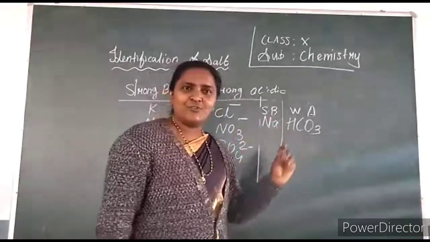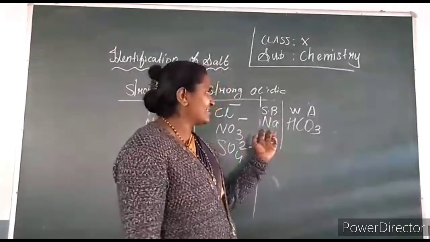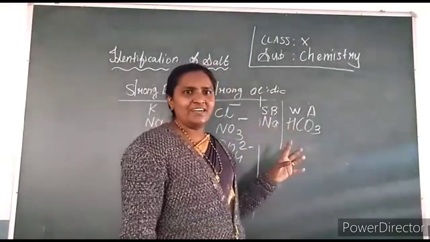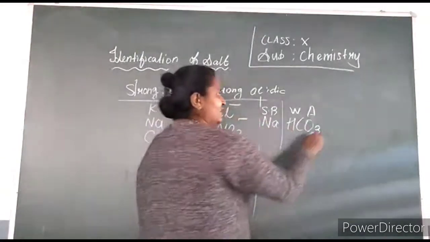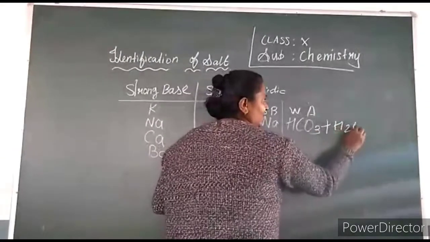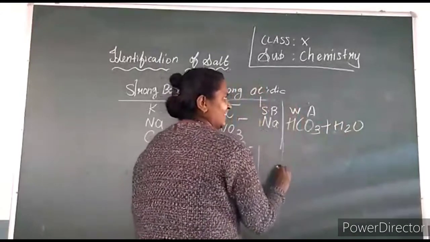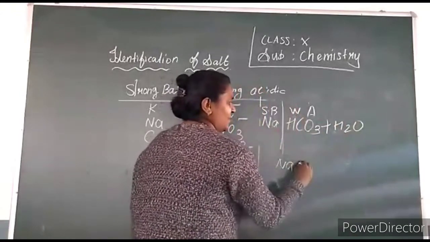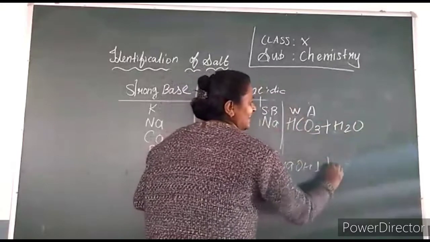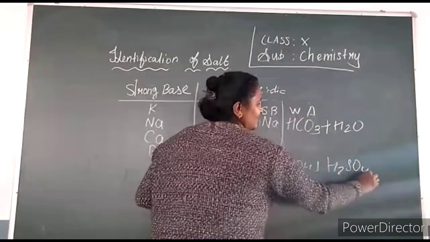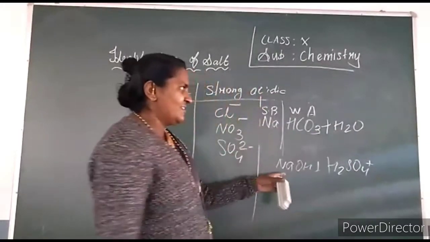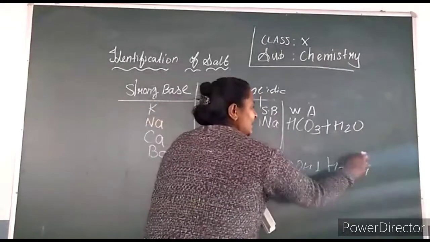Why is the salt a basic salt? Because when you add water, you know the reason. It is called hydrolysis. Add water, you will get base, NaOH base, and this is acid. Understand? The base with the acid.